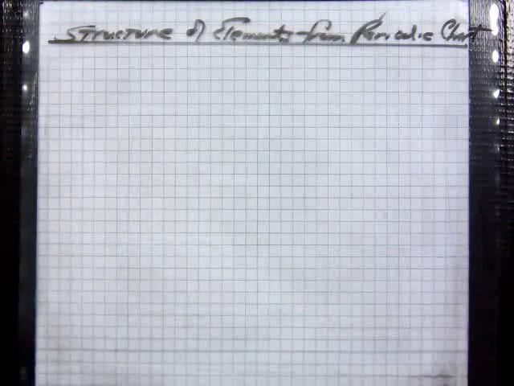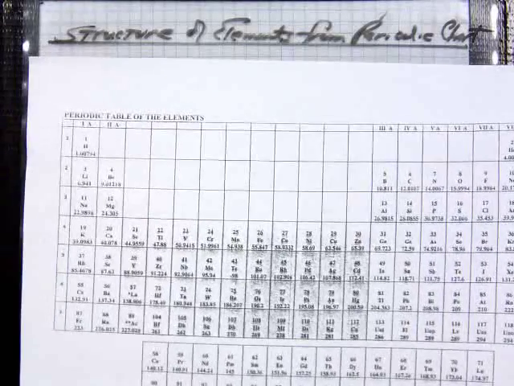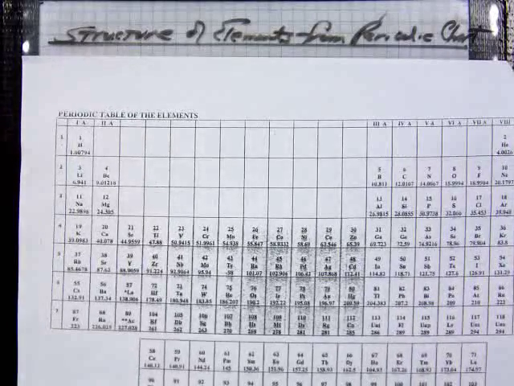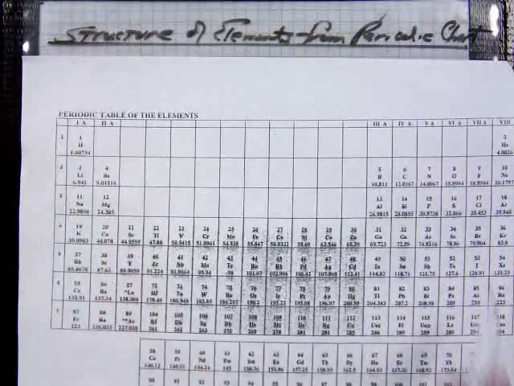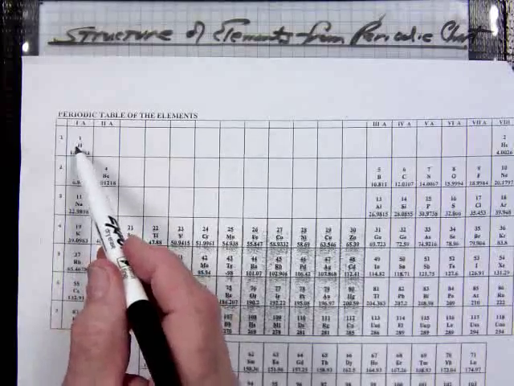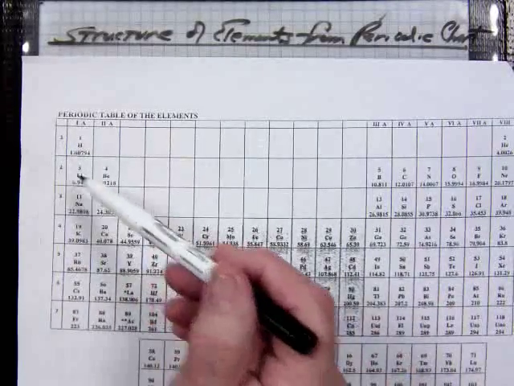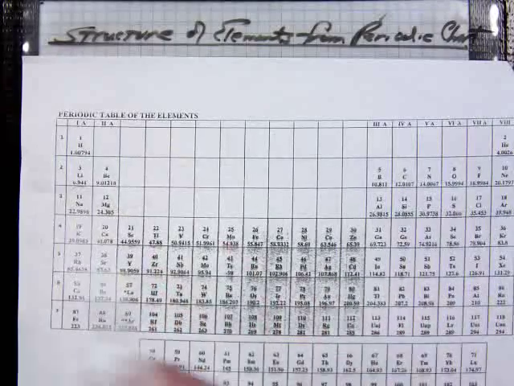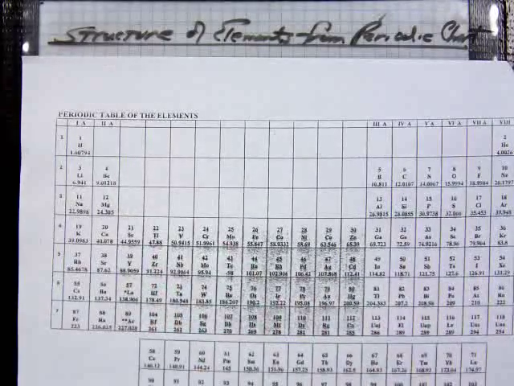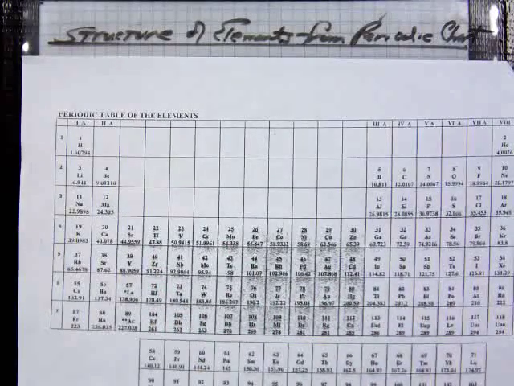When we look at the periodic chart, there are three very important components of what we call an element block. Right here, say hydrogen has its element block, number 1, then helium, lithium, beryllium, boron, carbon, and so forth. Each element is given its own element block.